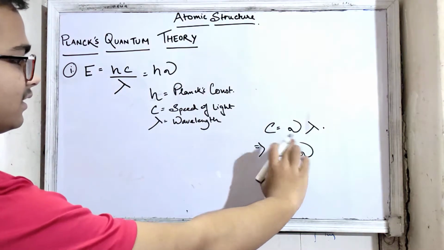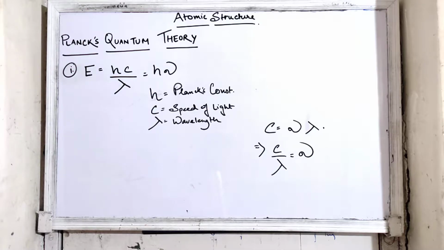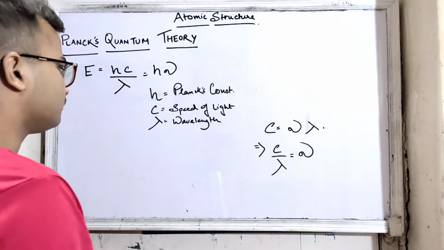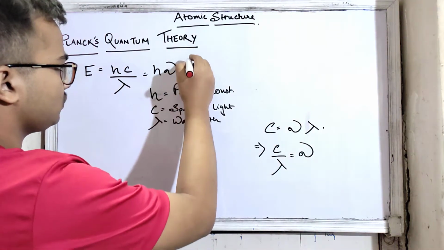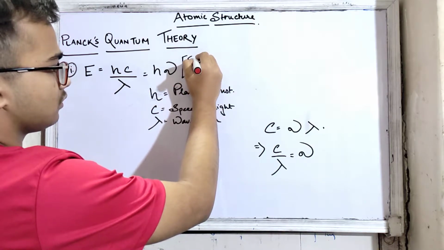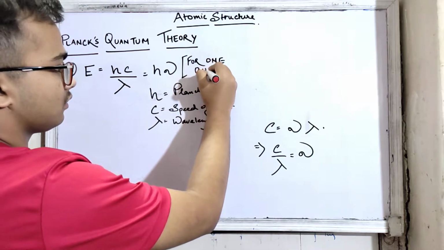See, c by lambda is replaced by nu. So E equal to hc by lambda equal to h nu. Now this is for one quanta.